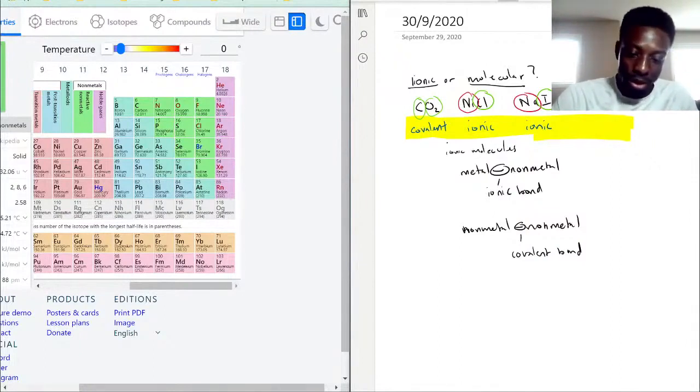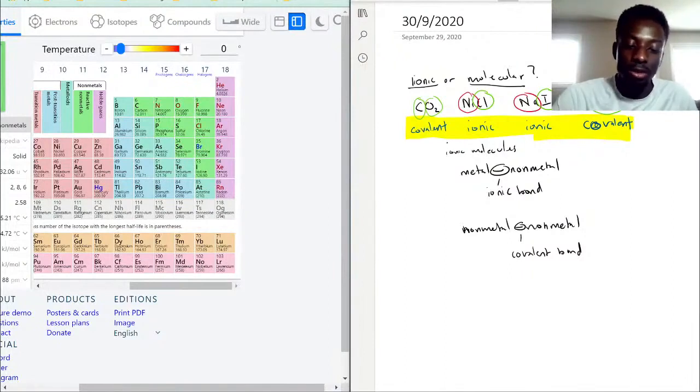Phosphorus is still considered a non-metal, so let's circle that in green. And chlorine, still non-metal, even based on what we did from the previous part. So this is also a covalent bond. Let me just write that better. Covalent. Now with that, we have covalent, ionic, ionic, covalent.